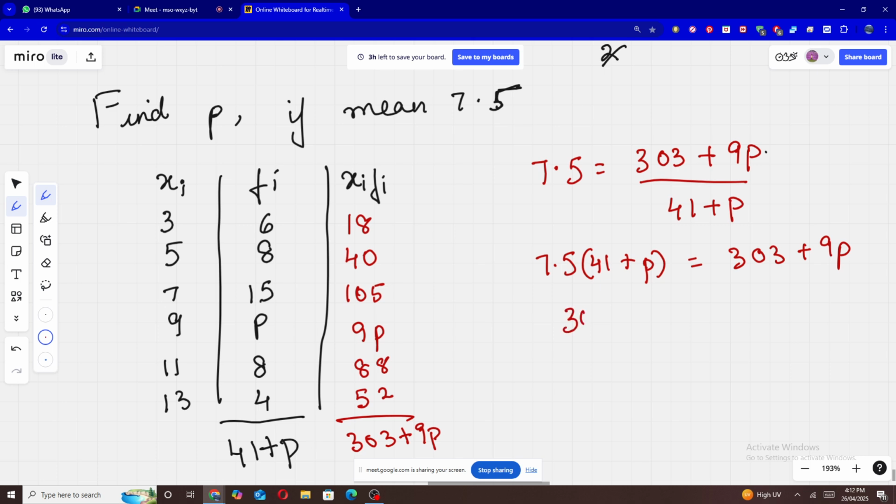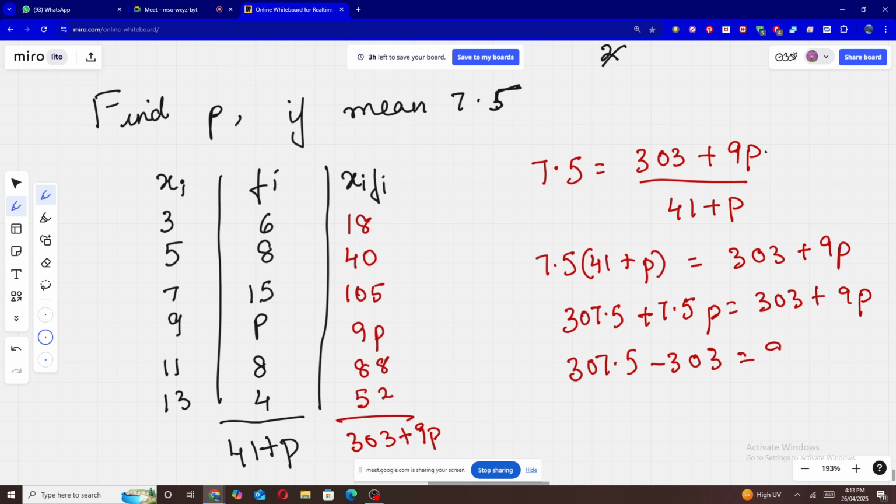I know he used the calculator. No, I didn't use a calculator. Multiplication, right? I got 0.5. Plus 7.5p equal to 303. So now you will convert the like terms. I made a mistake.